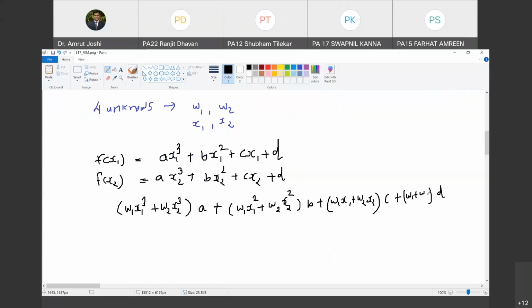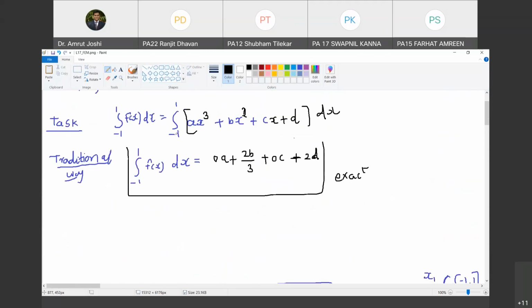Happy? Yes. The consequence: for the claim to be true, what should we have? We should have this equal to the exact answer. Do you agree with me? Yes, sir.